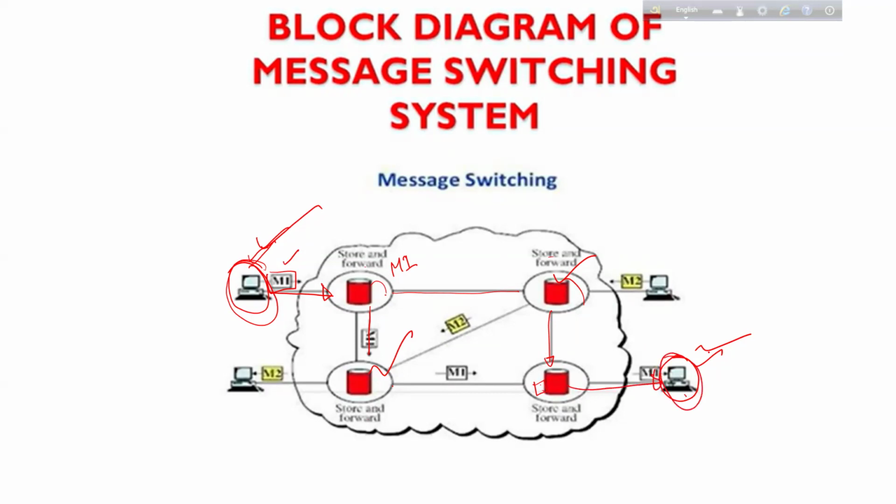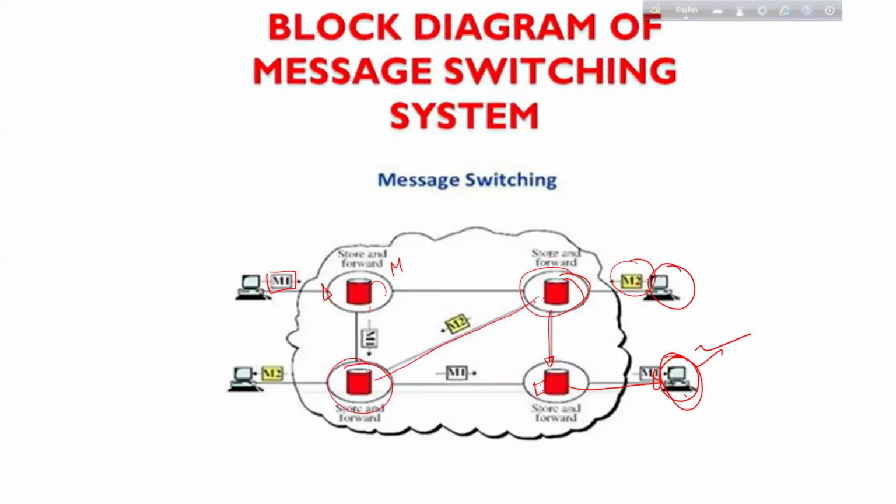Now, similarly, say this is another source and it has another message M2. It will send the message M2 to this router, and this router will store it and forward it to this router.